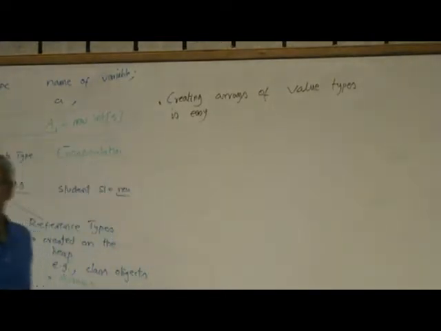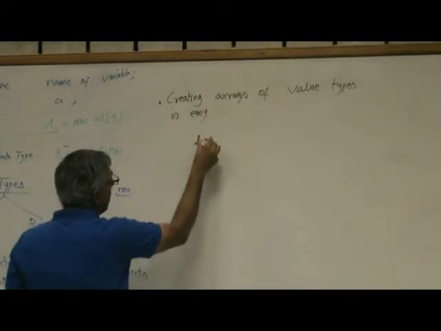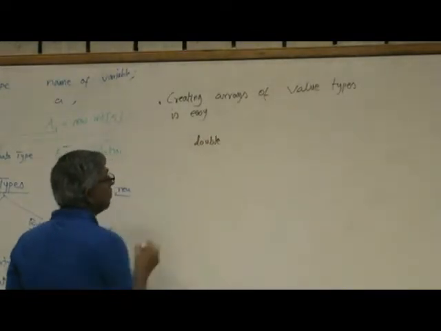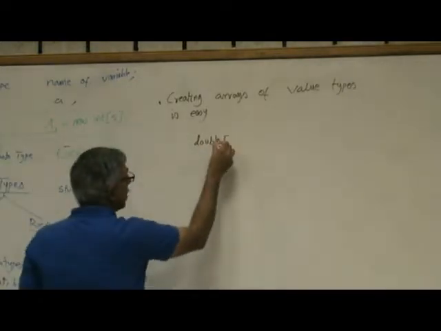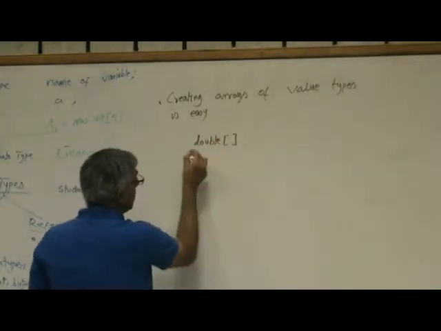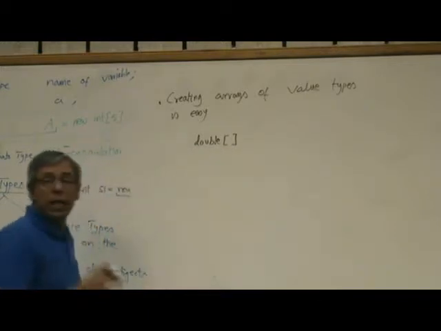For example, what if somebody said create an array of 100 items for storing double type of data? You can say double, and remember after the name of the variable, if you wanted an array, what will you do? Empty square brackets. That means together this is an array.